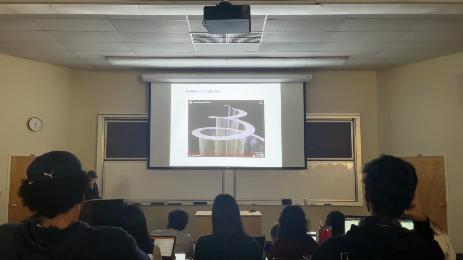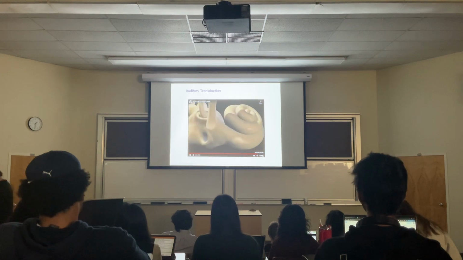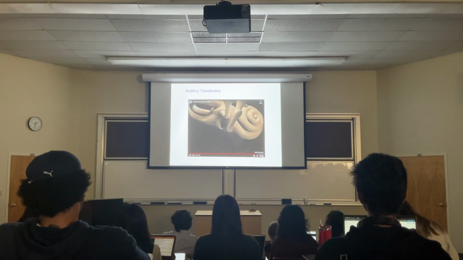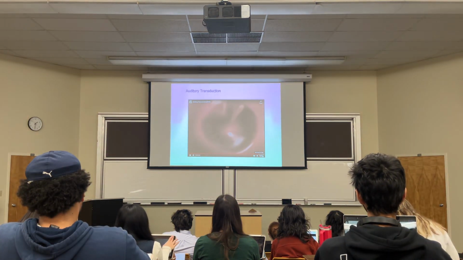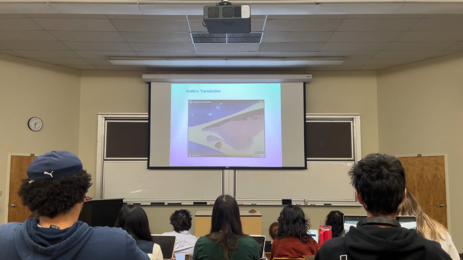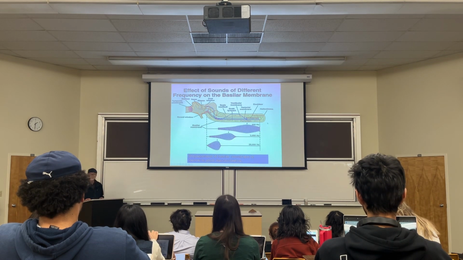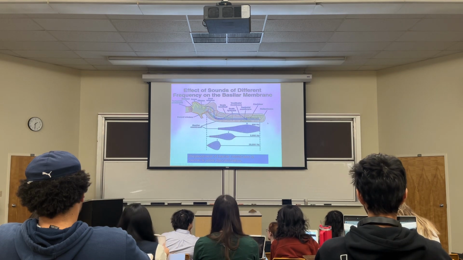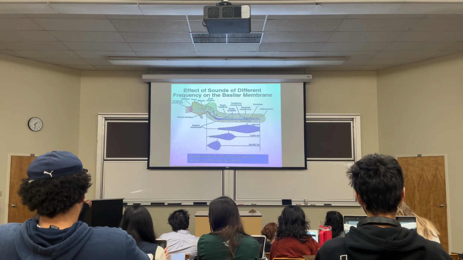Together, this sequence of events is responsible for our acoustic perception of the world around us. So hopefully that helps you visualize what's going on in there and seeing all that mechanism.